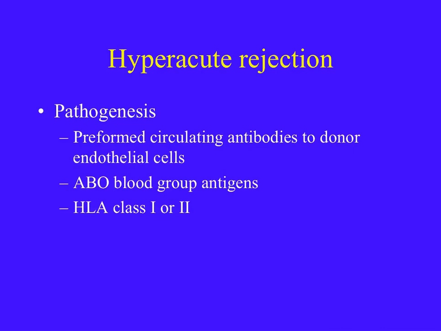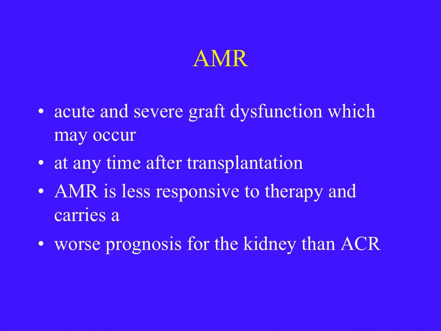This is a rare phenomenon nowadays, and we mostly deal with the conventional variant of the acute antibody-mediated rejection, which may also cause acute and severe graft dysfunction. This type of rejection may happen at any time after the transplantation. It is less responsive to therapy and carries a worse prognosis for the kidney compared to the acute cellular rejection.